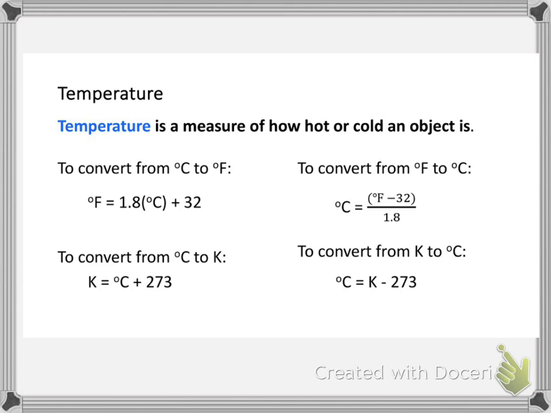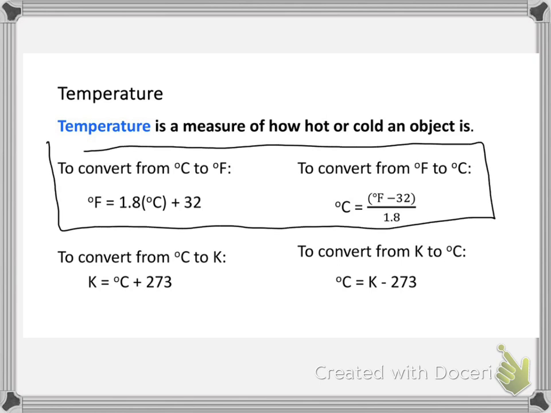Now, the conversions between them: Celsius and Fahrenheit have a direct conversion, and Celsius and Kelvin have a direct conversion. But for Fahrenheit to Kelvin, you would actually have to go Fahrenheit to Celsius and then Celsius to Kelvin. So this first block is Fahrenheit to Celsius.